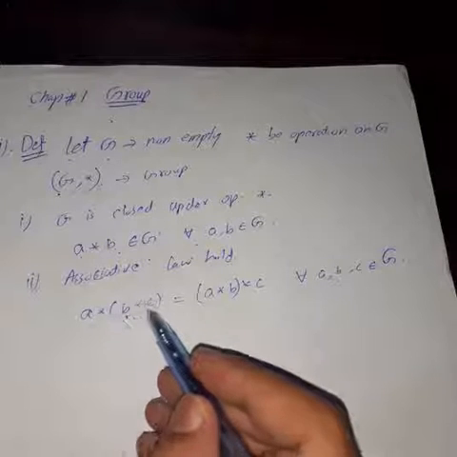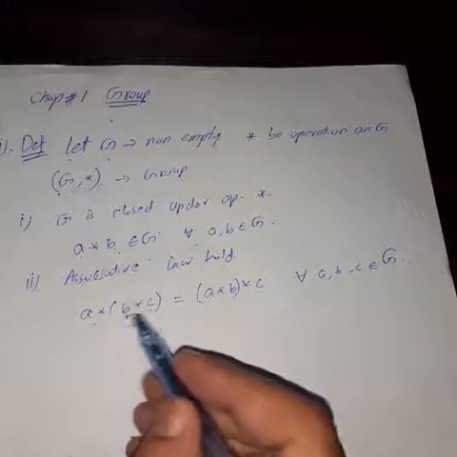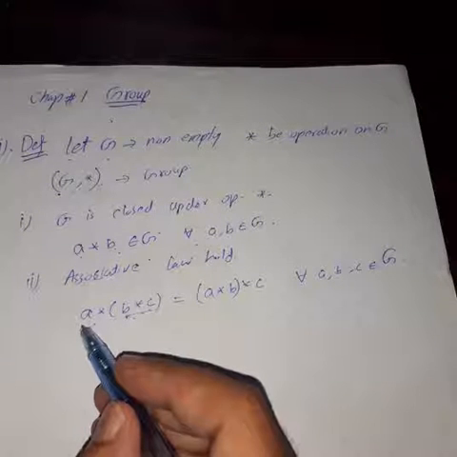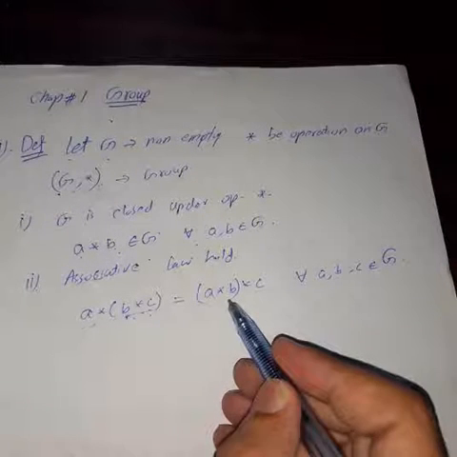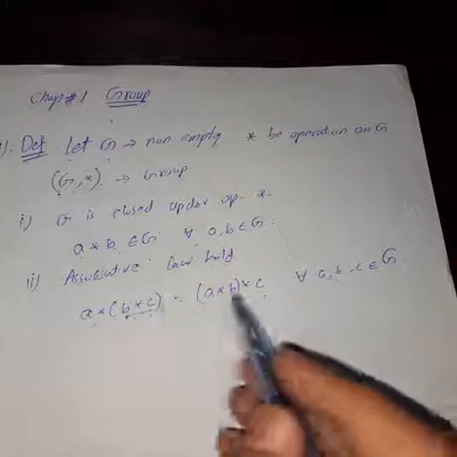If we operate b and c first and then apply the operation on a, or we first apply the operation on a and b and after that apply c, then no change has occurred.